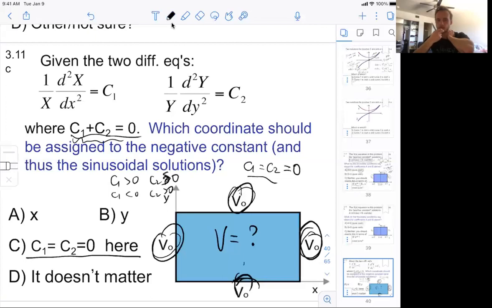Whatever V has to be, when it goes to this side, it needs to become V naught. When it goes to this side, it needs to become V naught. When it goes to the left-hand side, it needs to become V naught. When it goes to the right-hand side, it becomes V naught. So what must V be in the middle? Yeah, it's just V naught. It turned out to be a constant everywhere. That's the only possible way for this to work.